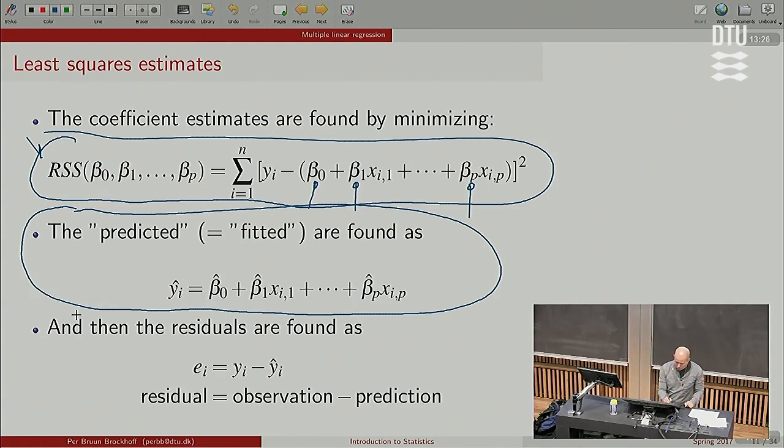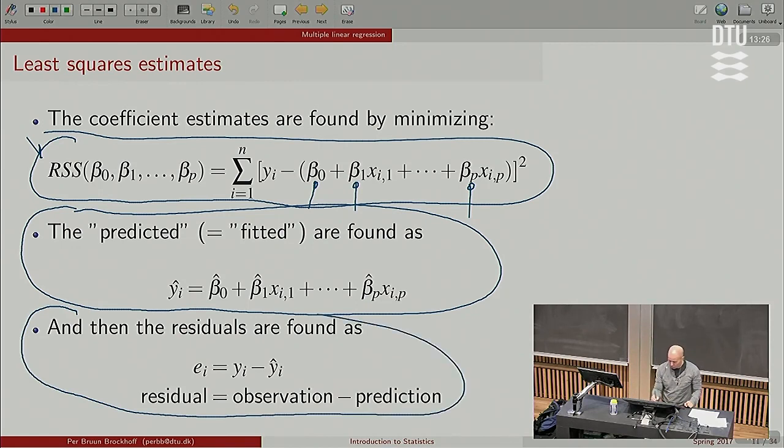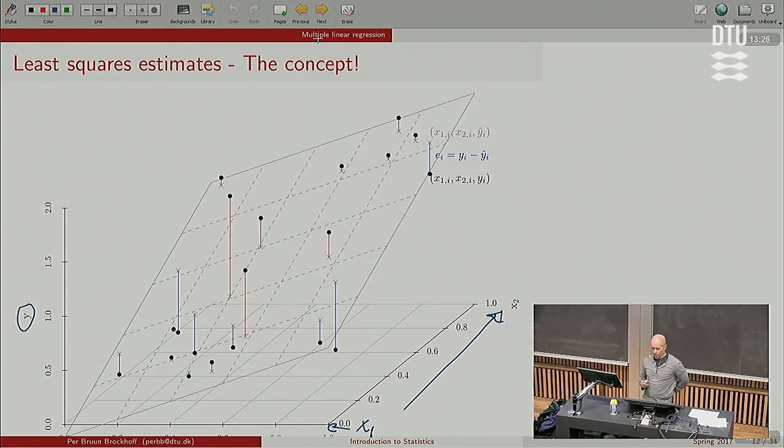And then we could also look at the residuals, that is the deviations from the plane, which are depicted here. The plane is given by beta 1 and beta 2, where it hits the y-axis is given by beta 0, the intercept, and then we can summarize how far away from the plane each point is, and we call that sigma squared, the residual variance. So that's what we do.